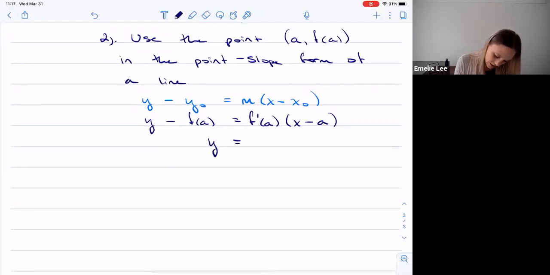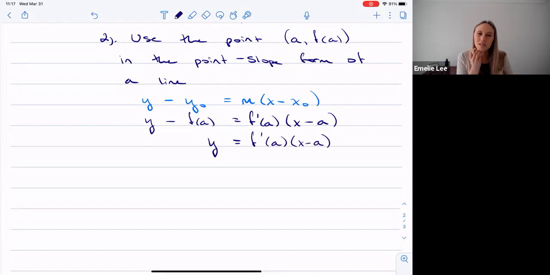If we rearrange this, it becomes y equals f prime of A times x minus A. I'm not going to expand that out because usually it's just easier if I don't.